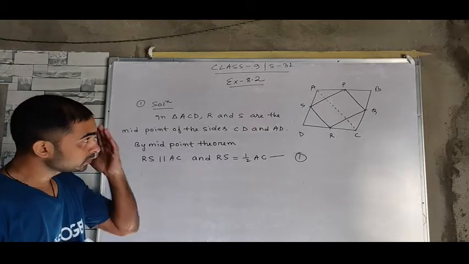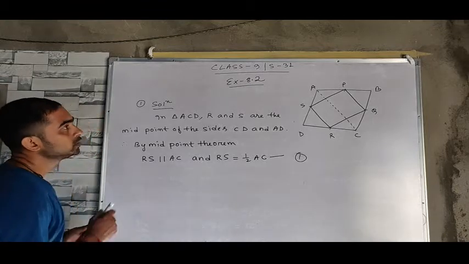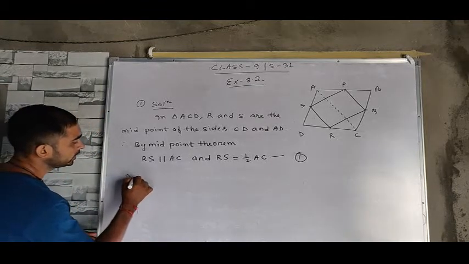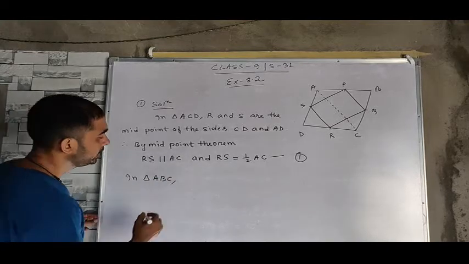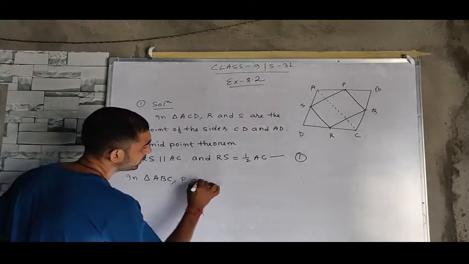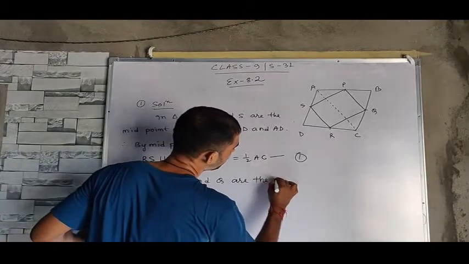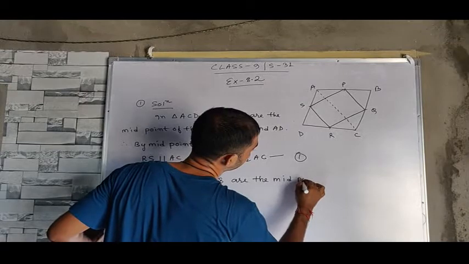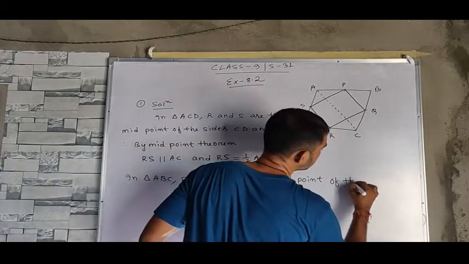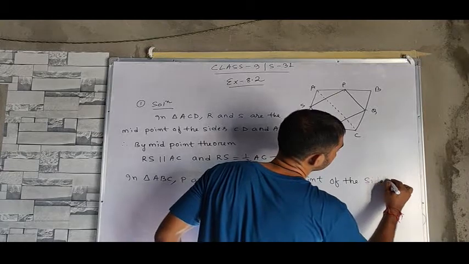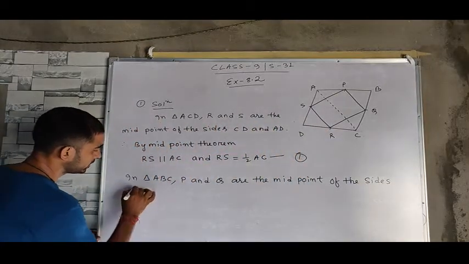The second one is prove that PQ is equal to RS. For that we have to consider triangle ABC. In triangle ABC, P and Q are the midpoints of the sides AB and BC.